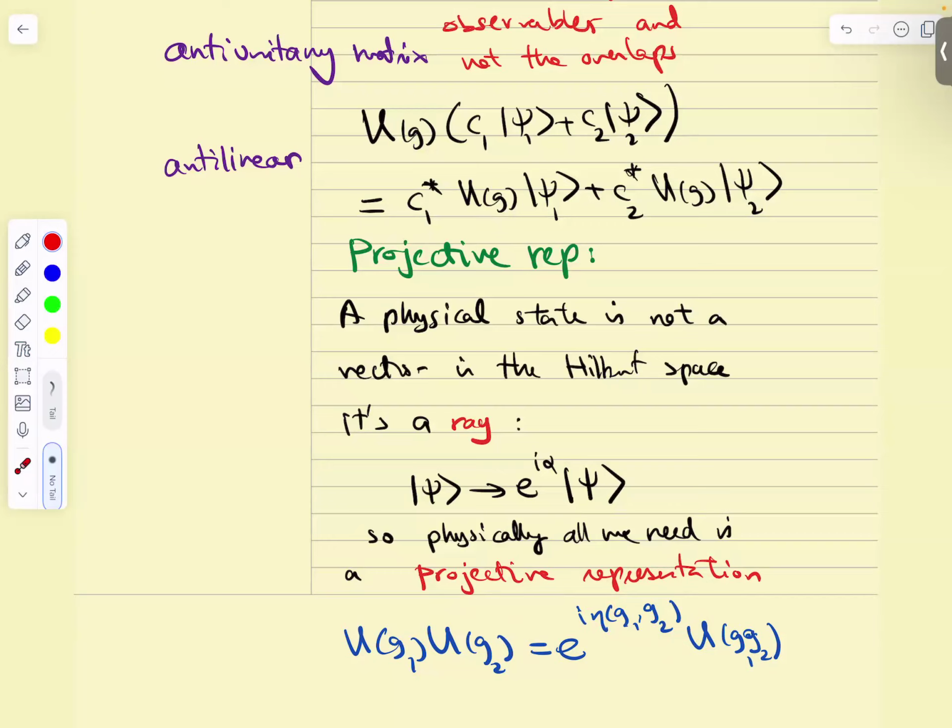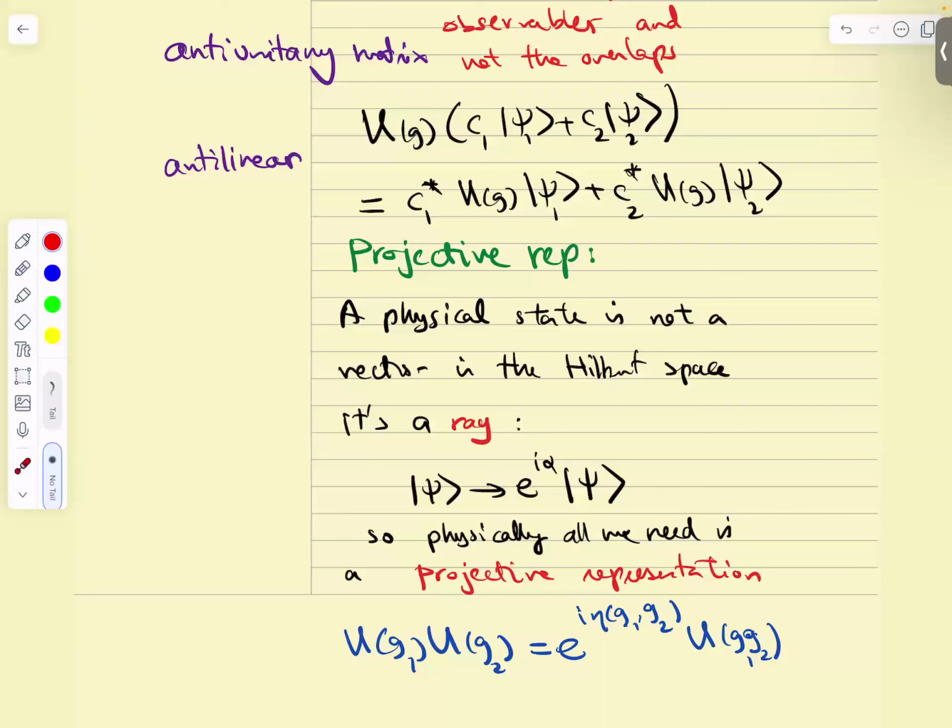Such a thing in mathematics is not a representation. By the definition of representation, this is not a representation, but it has a name. It's called a projective representation. In mathematics, mathematicians study projective representations for whatever reason they study it.